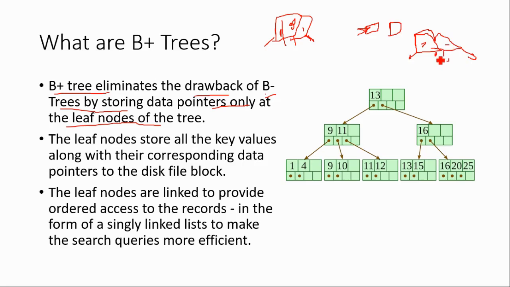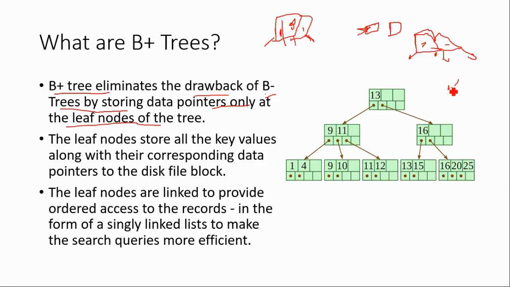Now the question is, if no data pointers are there in the internal nodes, then what is the use of this particular tree structure? What is the usefulness of storing keys in higher levels?